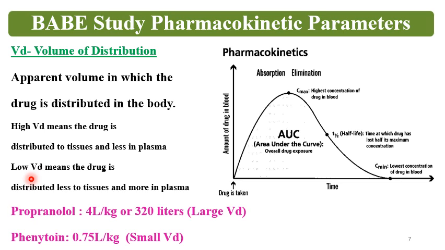But these terminologies, as I have explained, with the relation between the VD, lipophilicity and the T half, will not be applicable to each and every drug, because there are many ways for drug metabolism, drug distribution and elimination. But generally the drug with high VD will have a higher T half or a longer half-life period.